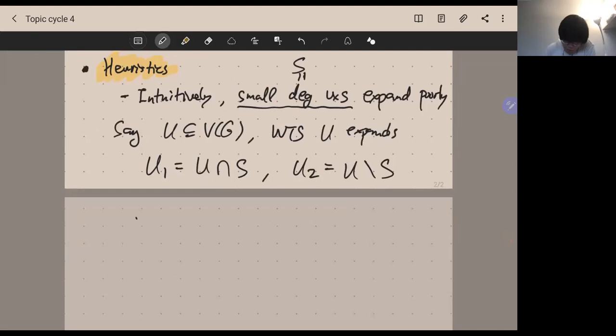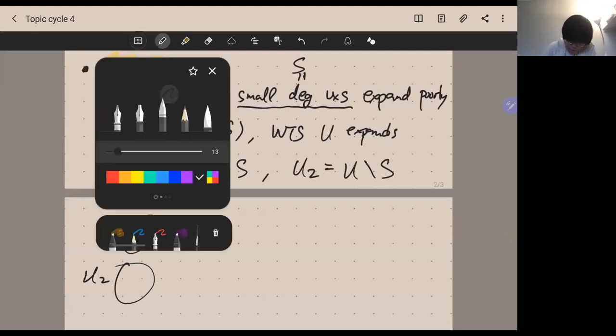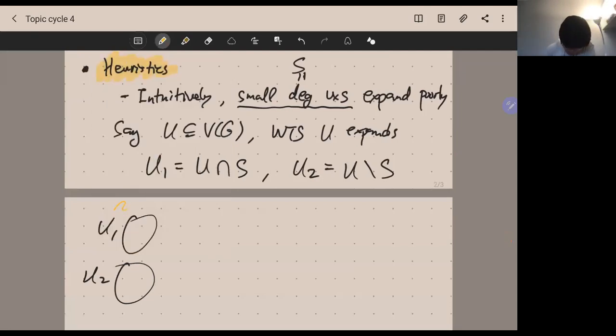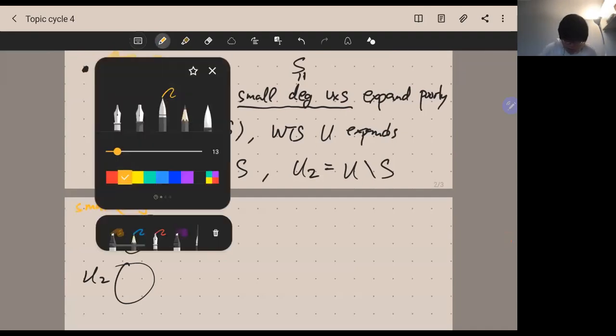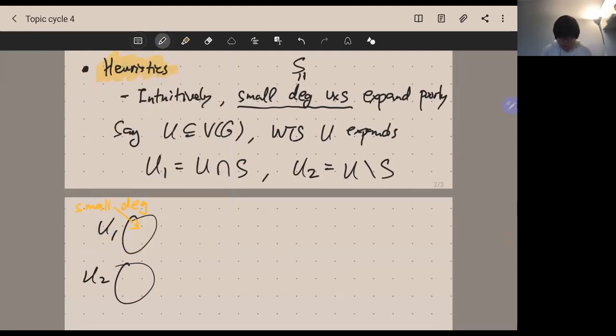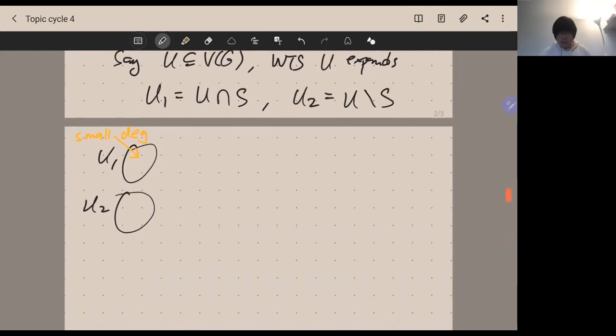So here maybe it's a picture. We have U1 and we have U2. They are disjoint. These ones are low degree, small degree. So we have to be careful about U1. But just by inclusion exclusion, we need to bound this.